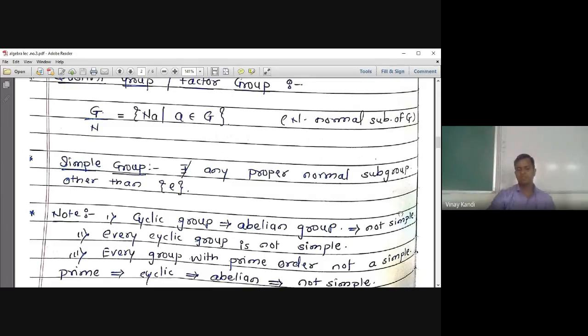Whenever G is a cyclic group, that group is not simple. Whenever the group is an abelian group, then that group is not simple. Second statement, every cyclic group is not simple. And the third statement is that every group with prime order is not simple. We know that every group with prime order is cyclic.